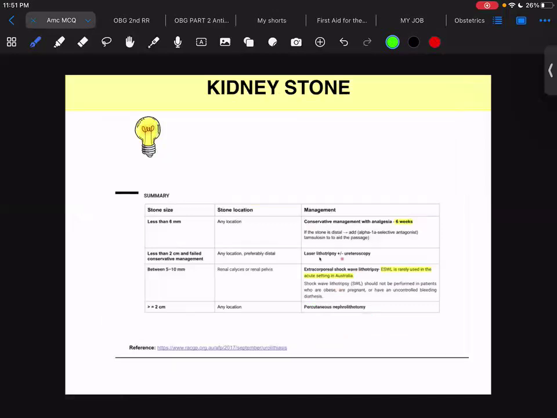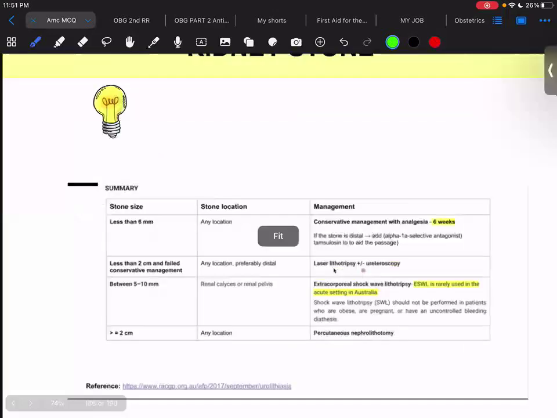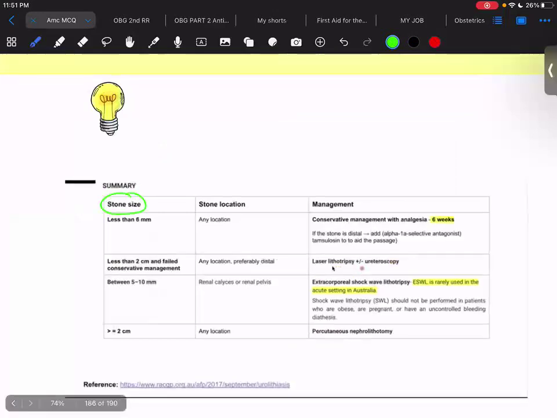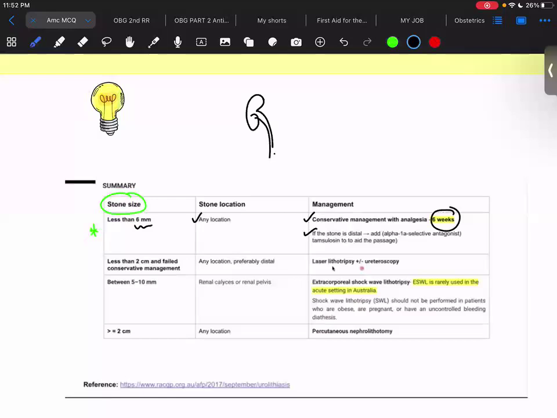Then we'll talk about the kidney stones. Any patient with a stone size of less than 6 mm, at any location, we can go for the conservative treatment for 6 weeks. For example, this is the kidney, this is the ureter, and this is now the bladder.